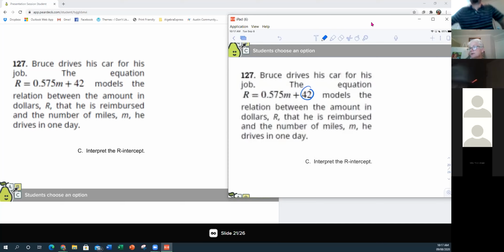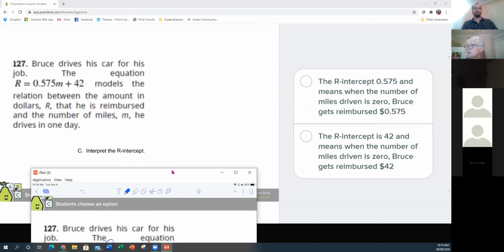And from there, it just goes up by the 0.575 cents per mile. So he gets $42 just if he doesn't do anything, which doesn't make much sense to me, but that's the problem. So in this case, the R-intercept is 42 and means when the number of miles driven is 0, Bruce still gets $42. So that's the starting point. And from there, he makes more money.